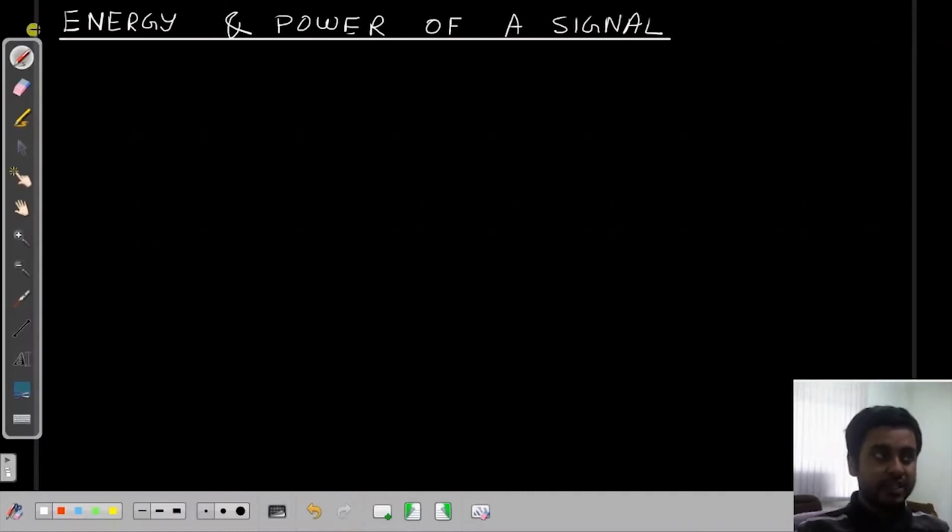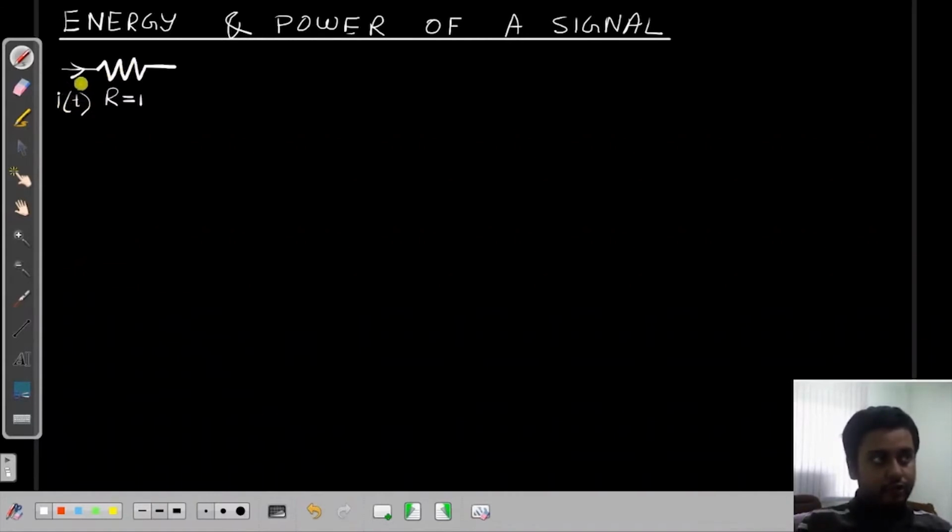Finally, today we shall talk about or define energy and power of a signal. So for that, you imagine that we have a piece of resistance with value equal to 1, and the current flowing through this resistance is i(t), a function of time or a signal.